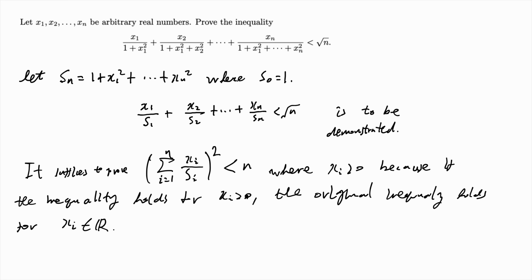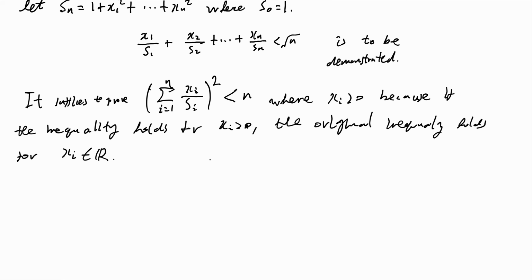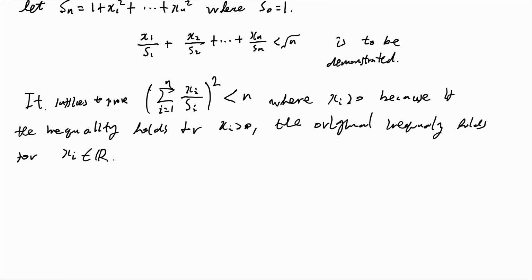But if this is true for positive, we know that it must be true for when x sub i is a negative number, because we're just making our left hand side smaller. So we just need to show that this is true.